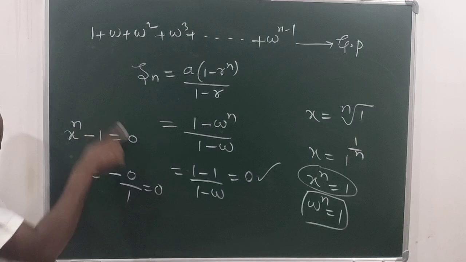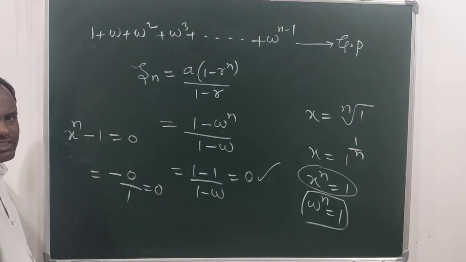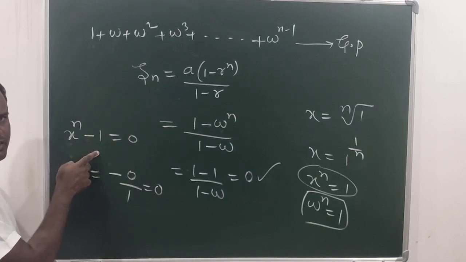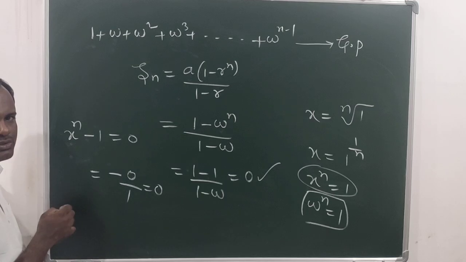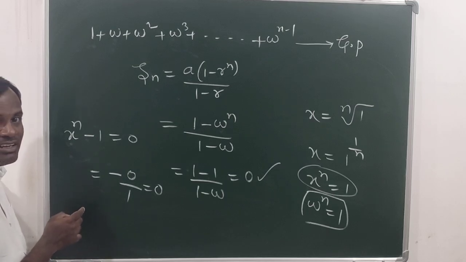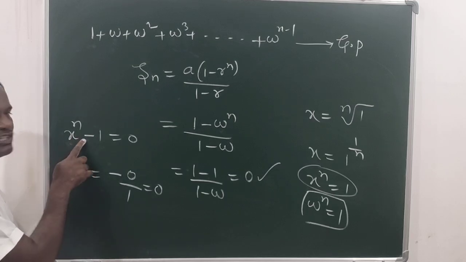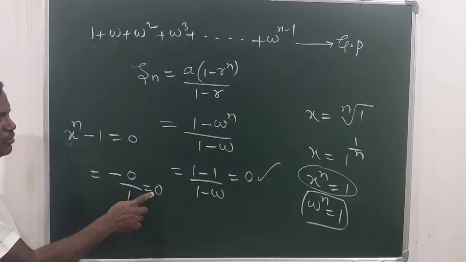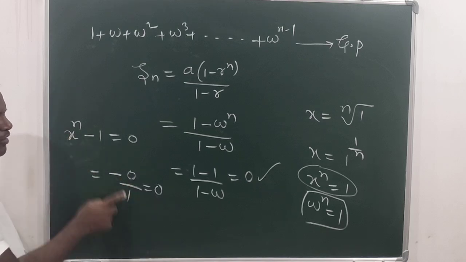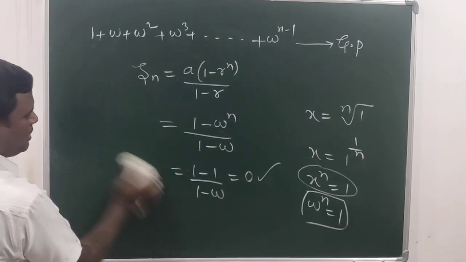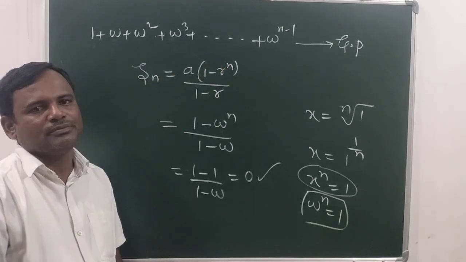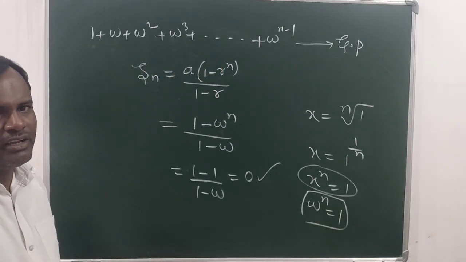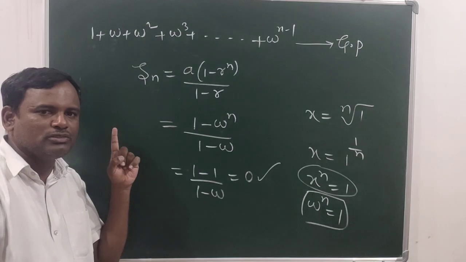This concept you learnt in the theory of equations. This is an nth degree polynomial equation. Sum of all the roots will be minus b by a. B is nothing but the coefficient of the second term in the standard form. So here that is not there. Hence I kept 0 by the x power n coefficient, 1, giving 0. Like that also you can say. But remember this procedure. Okay, I hope you have understood this.